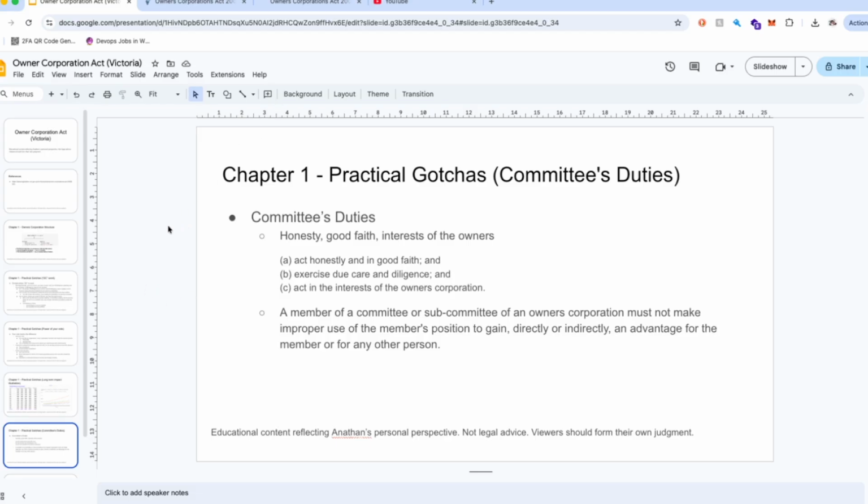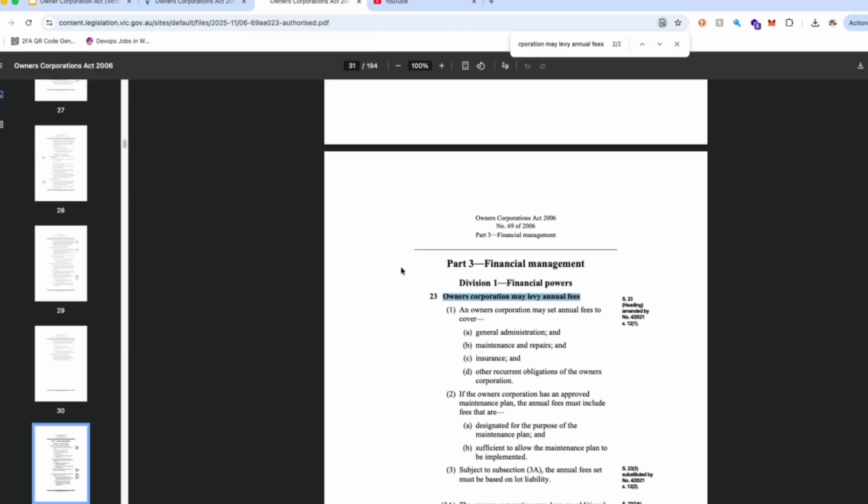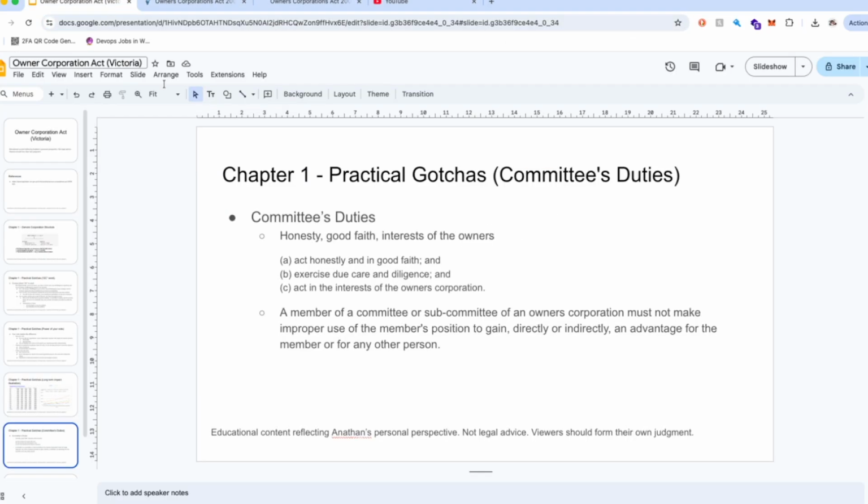Next part is the committee's duty. I have put it here, and for this particular one, I will show it in the most recent OC Act. I'll find where this clause is.